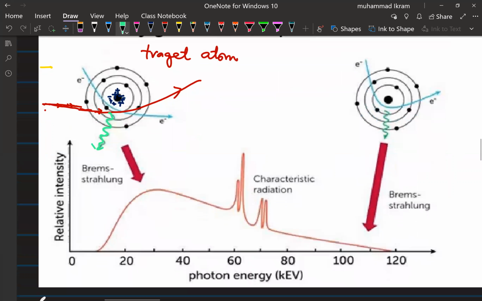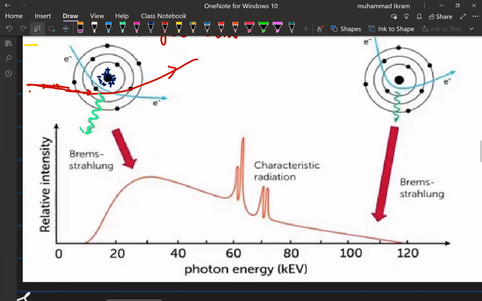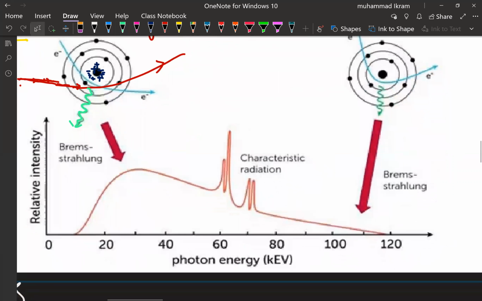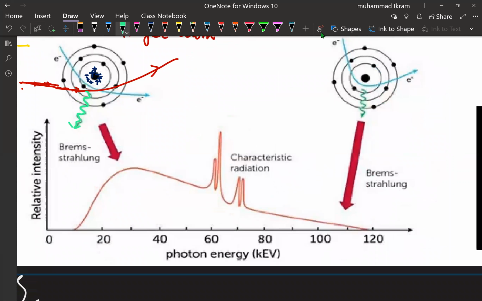Now, much of the electrons are decelerated by the nucleus. Look at the graph for the Bremsstrahlung radiation, at the relative intensity. As the energy increases, the relative intensity increases, on a log scale.